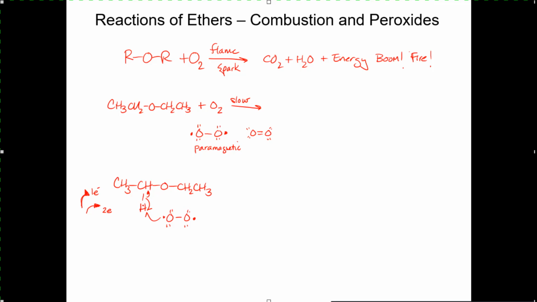So I'm going to break the CH bond. The H dot's going to pair up with the O dot, and then the carbon's going to get its unpaired electron. So what I'm going to end up making is a carbon radical. I'm going to end up then reacting one of the oxygens with a hydrogen.